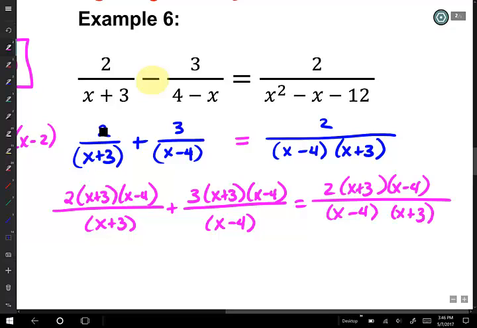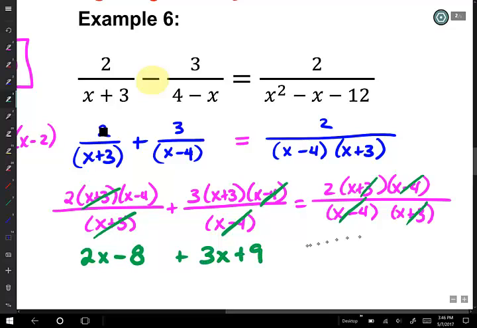Remember, the whole purpose of multiplying by these LCDs is to cancel out common factors. So here we have 2x minus 8. The x minus 4's cancel, leaving me 3x plus 9. And here we have a canceling party, leaving me just a value of 2.